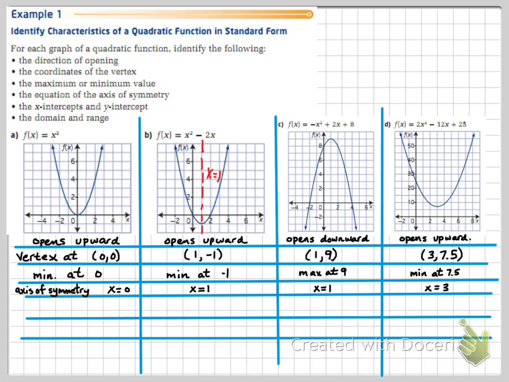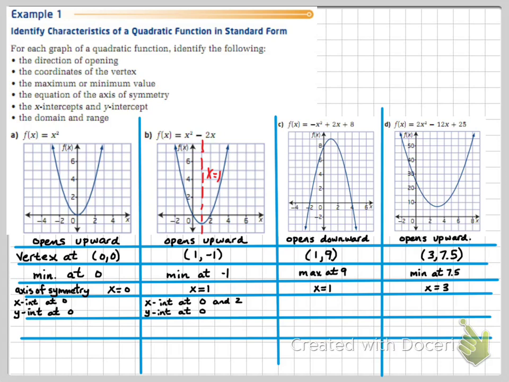Next, we have the x and y intercepts. Well, the first one just touches the x-axis at (0, 0), so both my x-intercept and my y-intercept are going to be at 0. The next one, notice that there are x-intercepts at 0 and at 2. The y-intercept is also at 0.